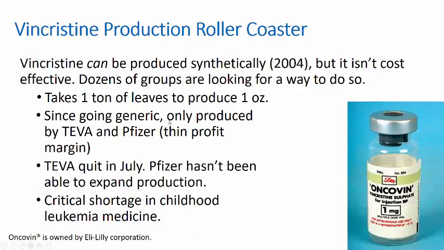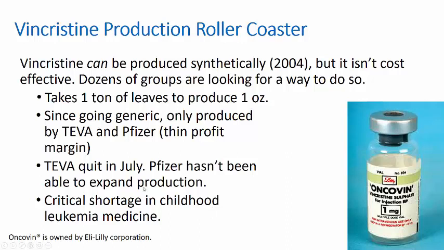So that thin profit margin caused one drug manufacturer to go, look, we can't make a profit on this drug, so we have to quit. And another manufacturer went, wait, we can't catch up that fast. Can you give us a little warning? And suddenly, we've got some kids that don't have a good outlook for their leukemia. Now, it's not like suddenly everyone with childhood leukemia had the problem, but together they were making 100% of the supply. So 100% of the need was being met, and now only 90% of the need is being met.